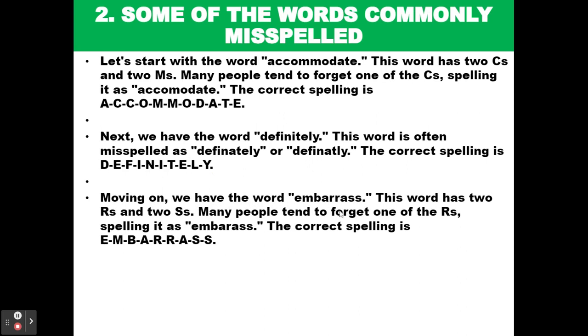Moving on, we have the word embarrass. This word has two R's and two S's. Many people tend to forget one of the R's, spelling it as EMBARASS. One R is omitted.